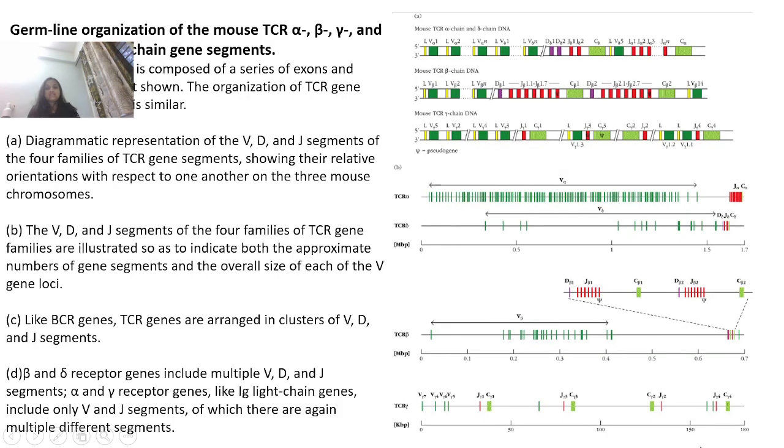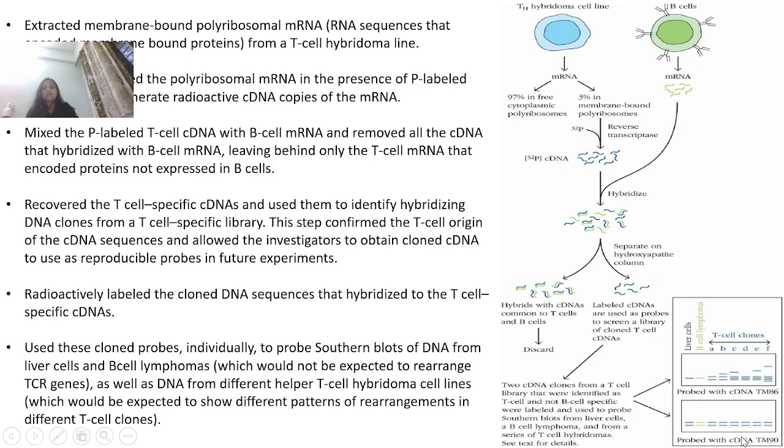But here you can see one cDNA they found, TM90, was giving similar kinds of bands as that of the liver cells and B cell lymphoma. So they found that this is not unique to the T cell, but this TM86 is unique to the T cell.